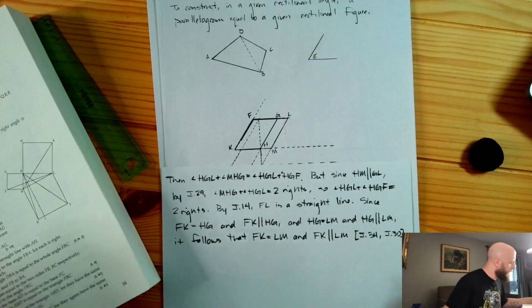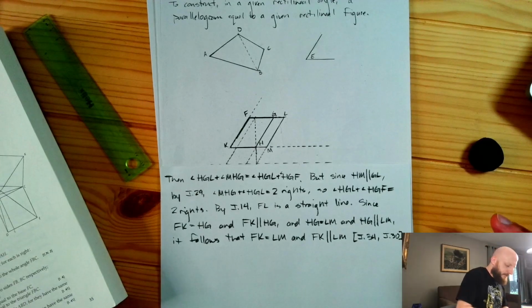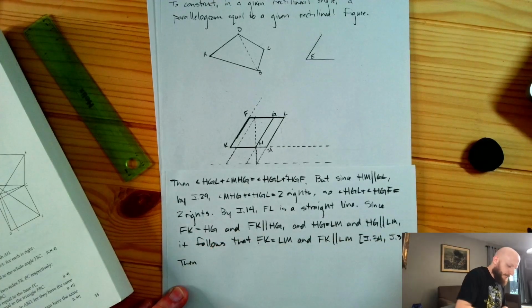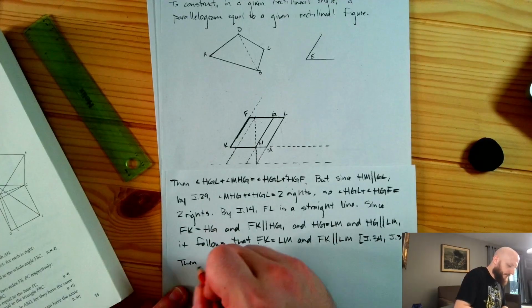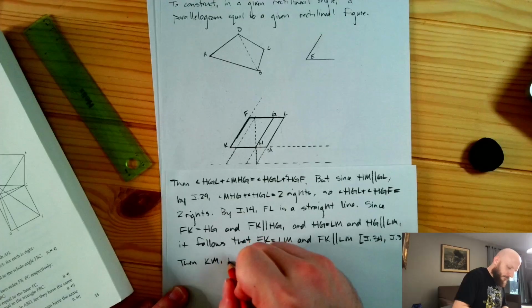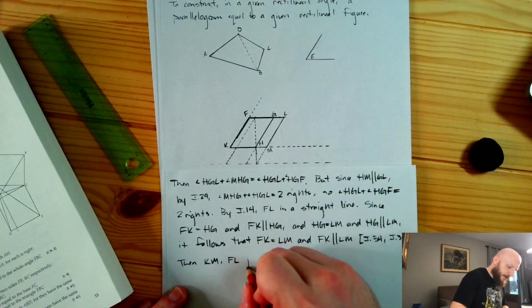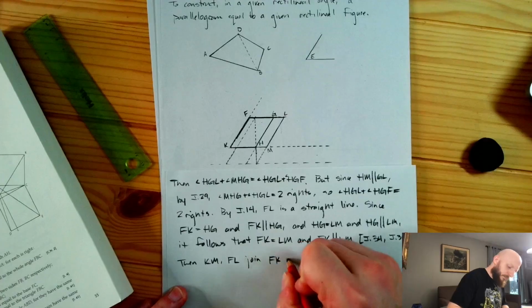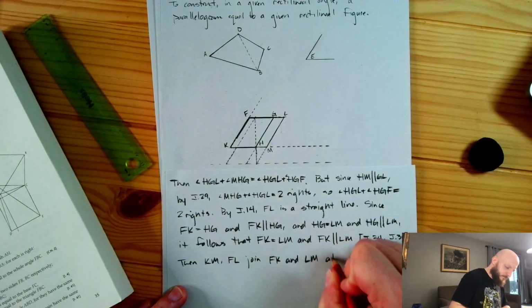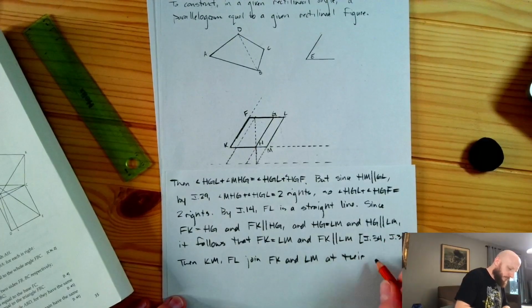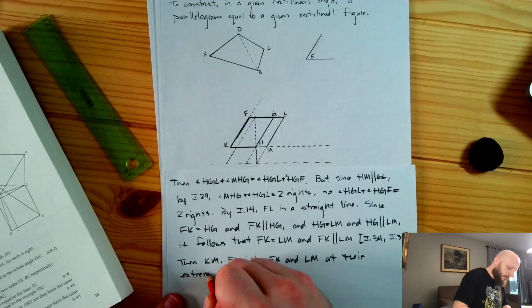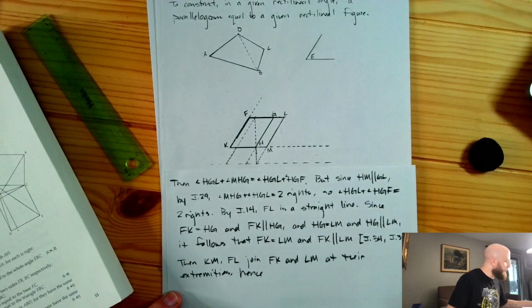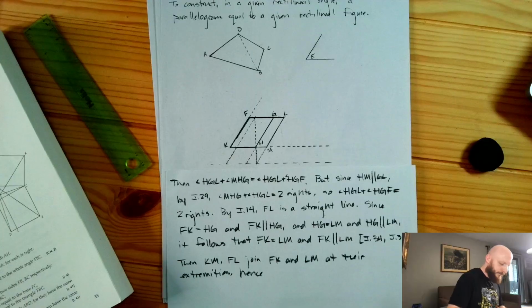All right, we're almost there. Then we have that KM and FL join FK and LM at their extremities, which means that FL is equal and parallel to KM.